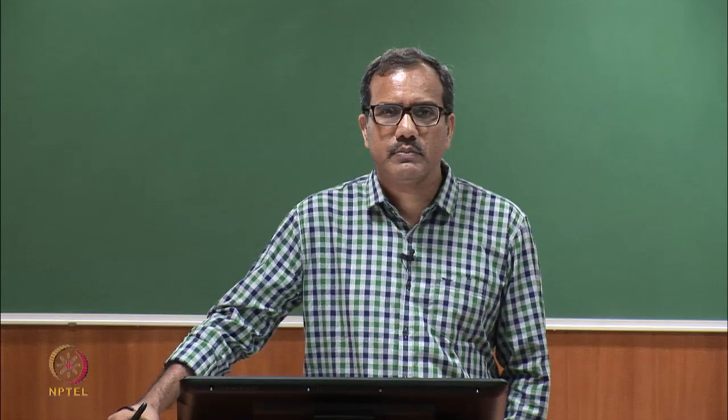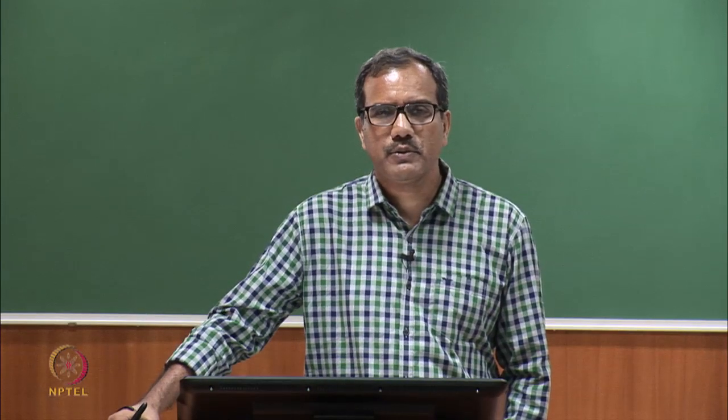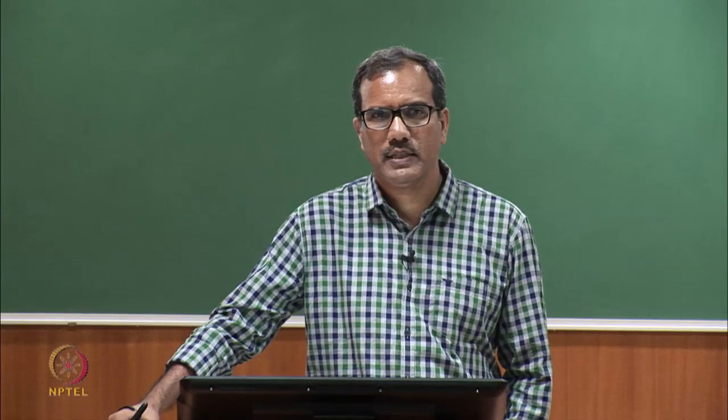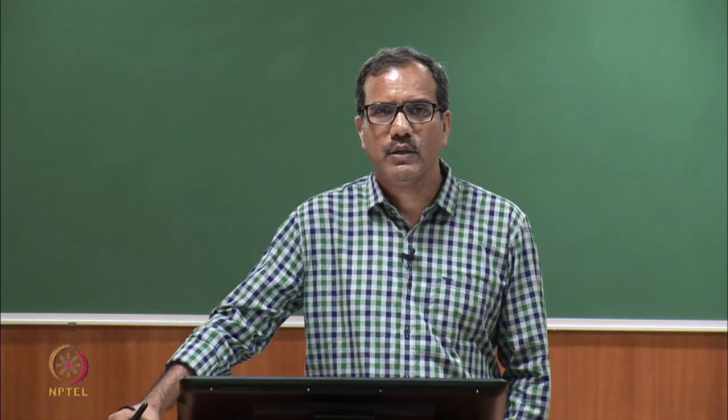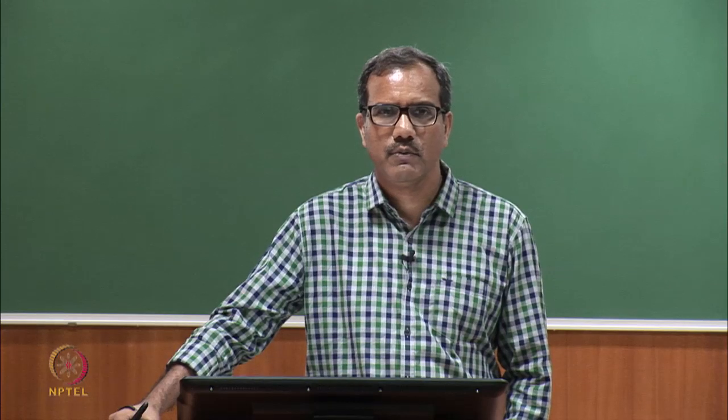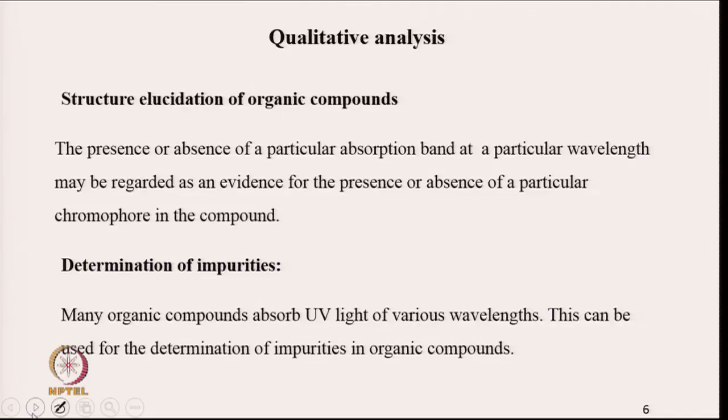So, UV visible spectroscopy is quite often used for qualitative analysis. It is not only used for structure determination of organic compounds, it can also be used for determination of impurities. The presence or absence of a particular absorption band at a particular wavelength may be regarded as evidence for the presence or absence of a particular chromophore in the compound.